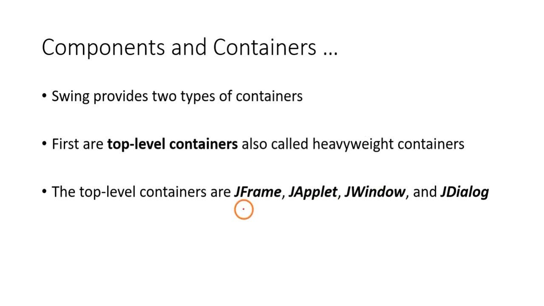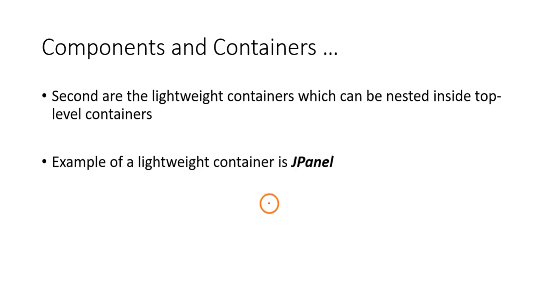The top level containers are four: JFrame, JApplet, JWindow, and JDialog. Even though these classes belong to the Swing package, they actually inherit from classes in the java.awt package. The second category is called lightweight containers.